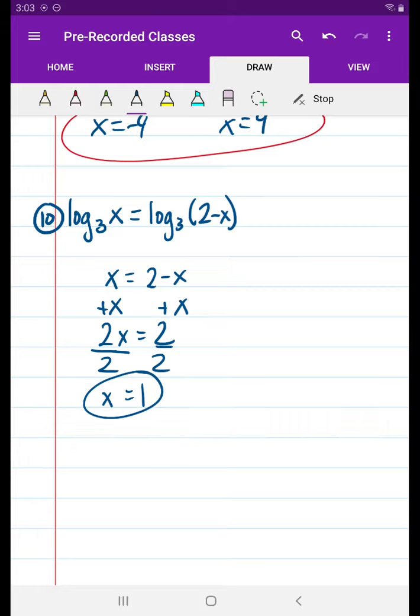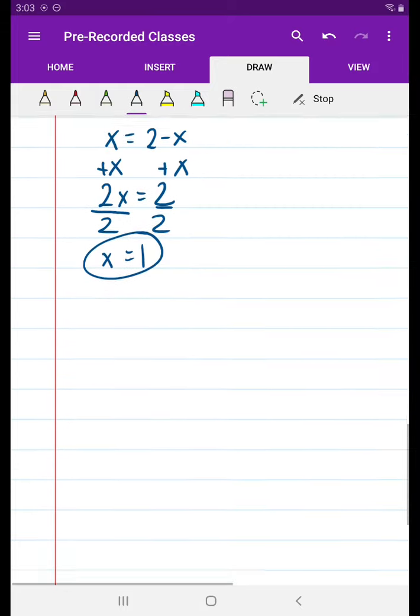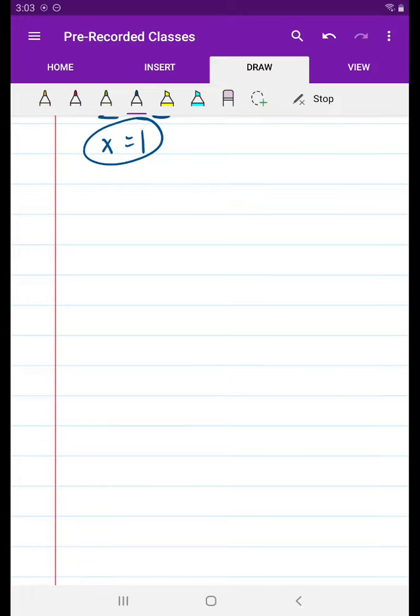So going on to number 11. For number 11, we have log base 5 of 3x over x minus 1 equals 1. So this, we only have one log on either side of the equal sign. So we'll go ahead and convert to exponential form.